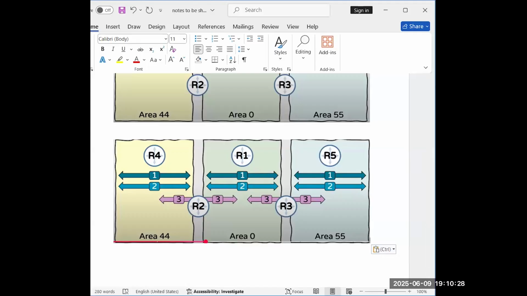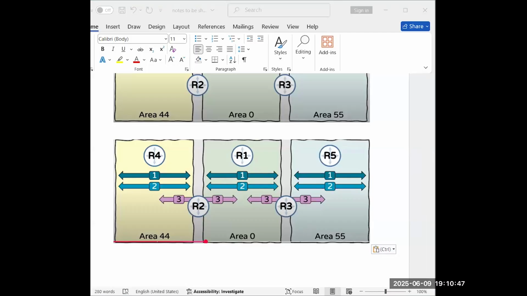Like the main part. Yes, summary LSA means the ABR router is going to send that LSA. ABR, sorry, yes, ABR. I'll write it down here.